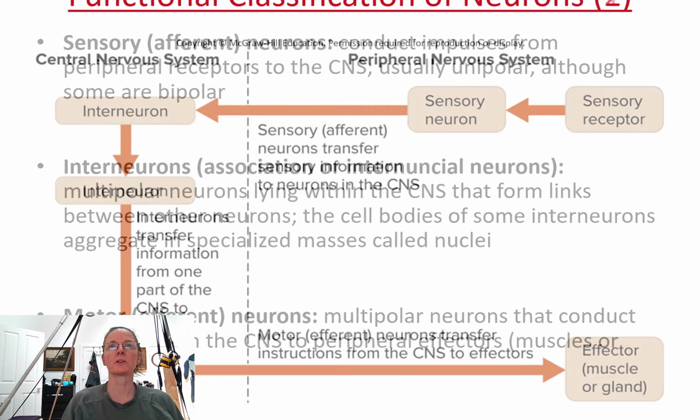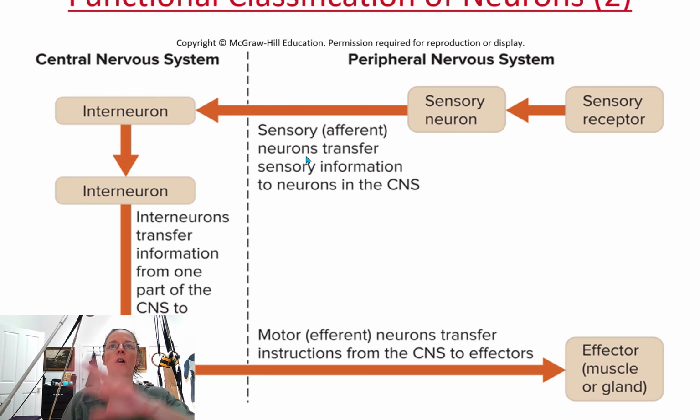So here's an example. Here we have our division of our central nervous system and our peripheral nervous system. So we've got a sensory receptor of some sort that's going to convey some kind of information. And then that receptor will innervate a neuron. And that neuron will send the information from the receptor to the central nervous system.